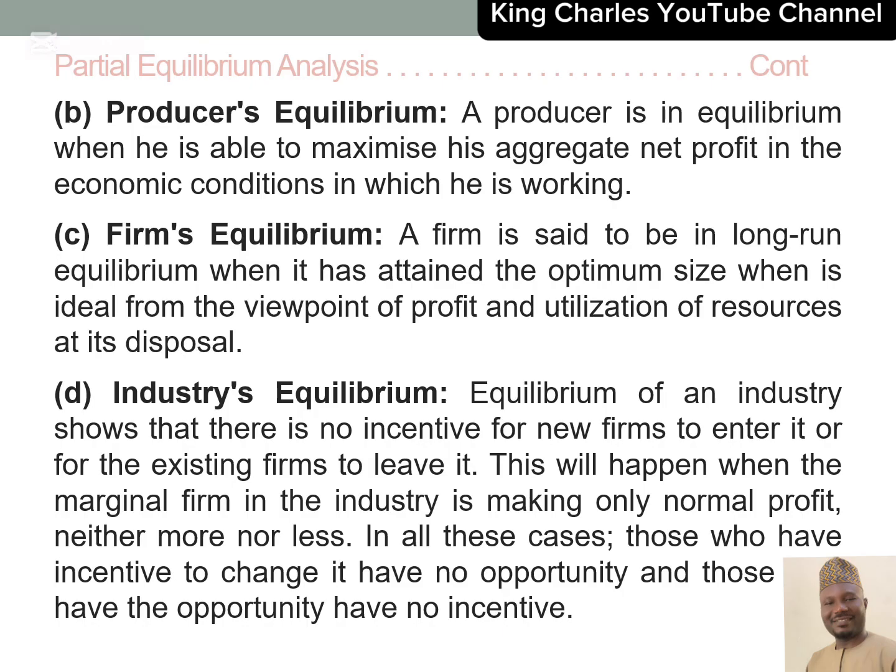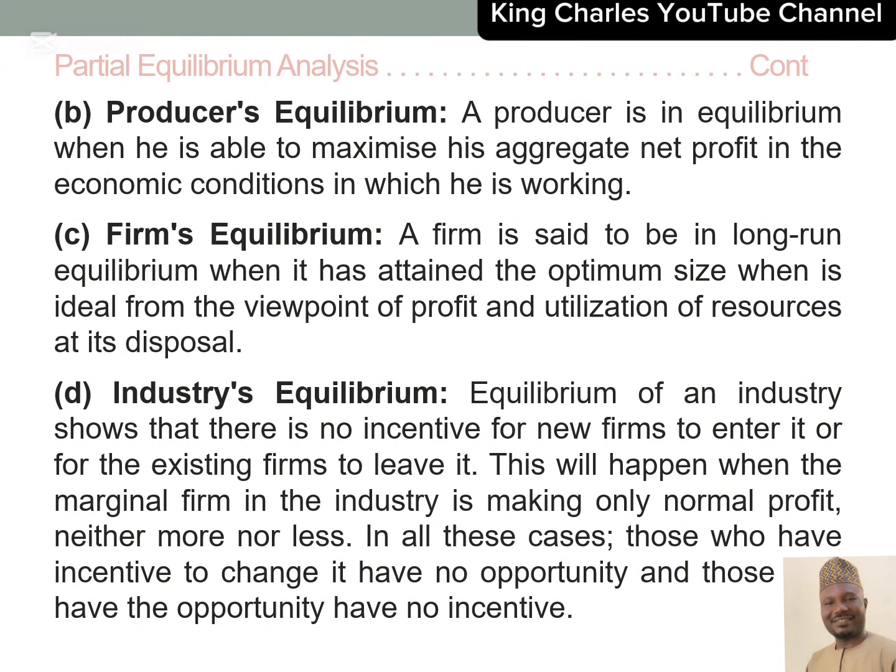When there is no incentive or motivation that can attract new firms to enter into the industry, and there is no form of demotivation or discouraging factor to make existing firms exit the industry.